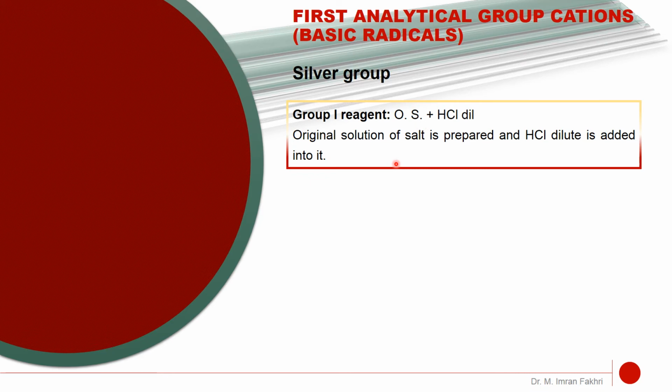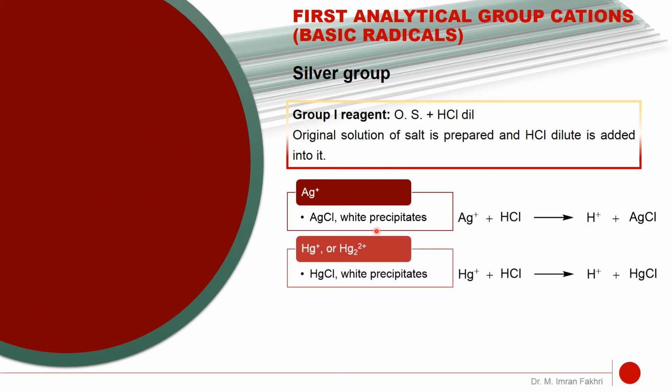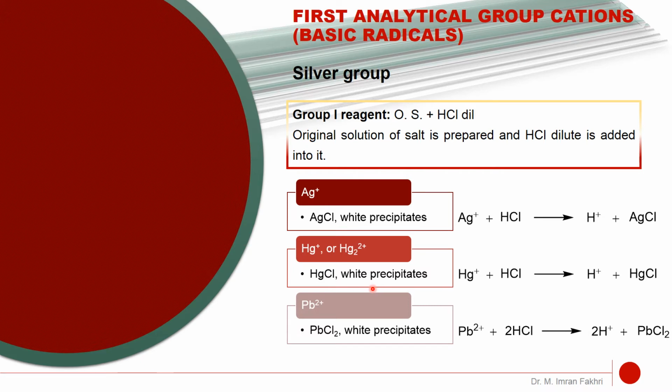If precipitation is formed, then we may have the first group present, in which silver ion is precipitated as silver chloride, and silver chloride is a white precipitate. Similarly, mercurous ion is also precipitated as HgCl, which is also white in color, and lead 2 positive ion also forms a white precipitate of PbCl2.